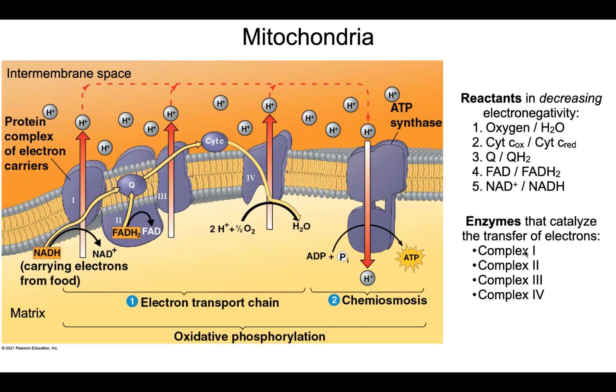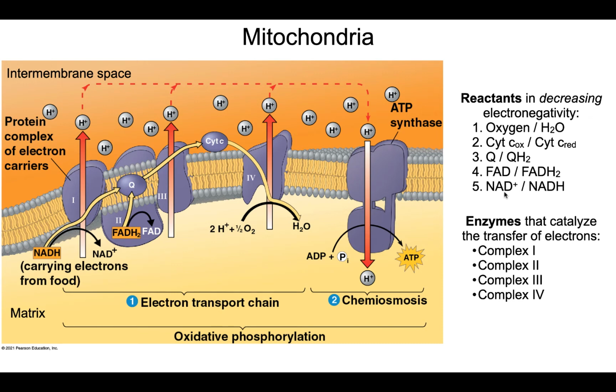So let's start with complex 1. Enzyme 1, complex 1. What reaction is it catalyzing? It's catalyzing the transfer of electrons from NADH to Q. Well, let's see. Is Q more electronegative than NADH? Here's Q way up here. Here's NADH way down here. Yes.